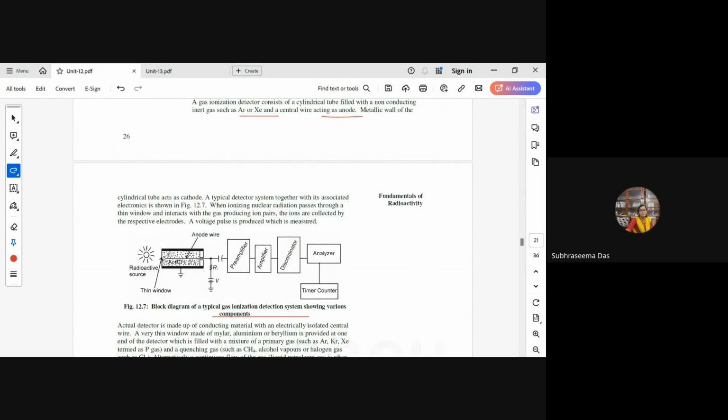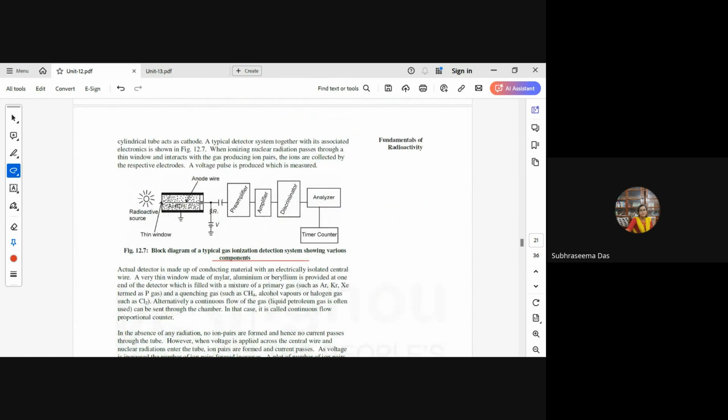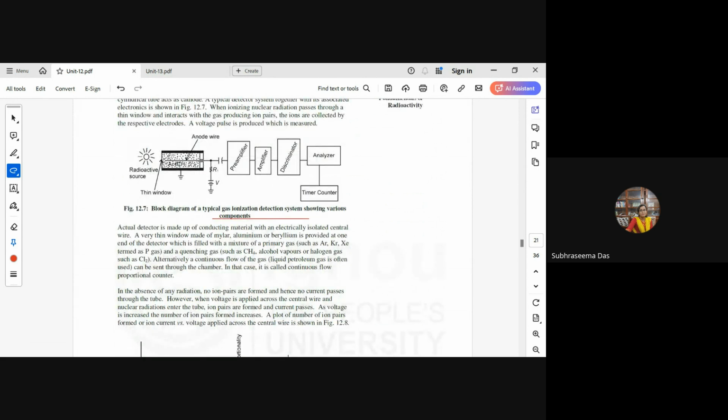The connection has been shown in figure 12.7. When an ionizing nuclear radiation passes through this window and interacts with the gas, producing ion pairs, these ions are collected by the respective electrodes. As a result, a voltage pulse is produced, and this is measured. The actual detector is made of a conducting material with an electrically isolated central wire.